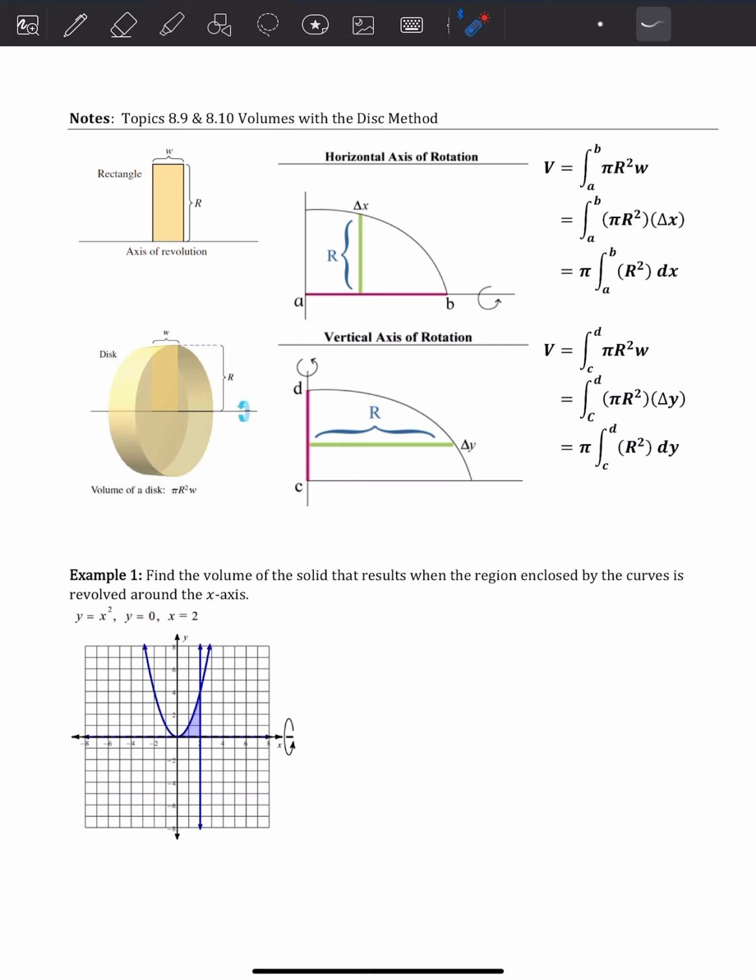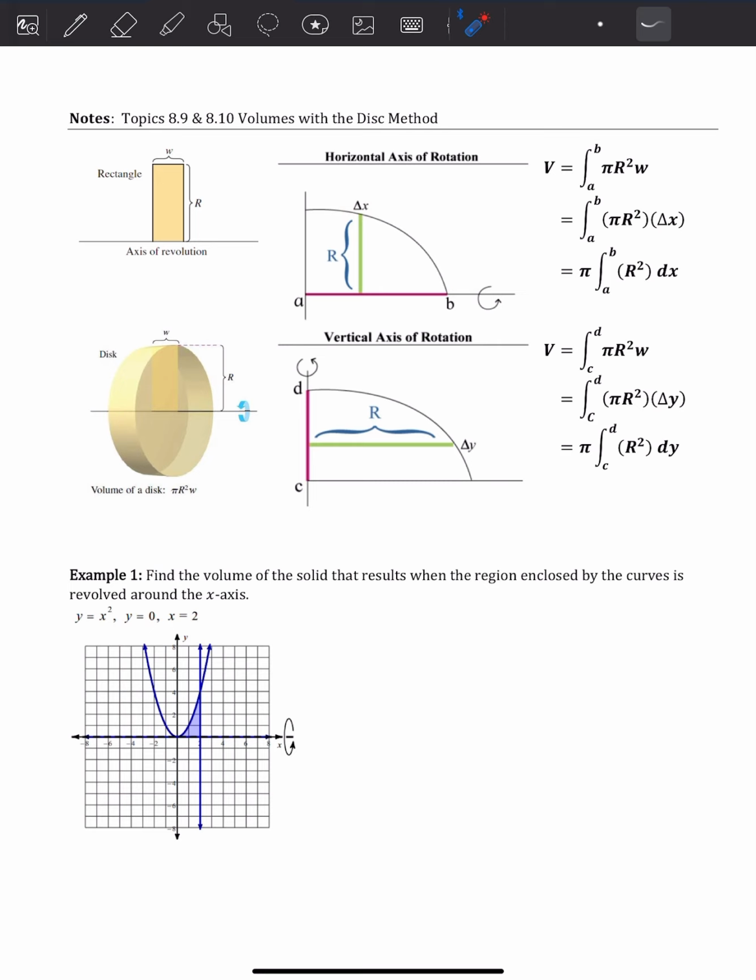If I rotate my function here, we're still going to do pi times the radius squared, the radius being the distance between our axis of revolution and our function. And the width here is going to be taken up by our change of x, or dx.